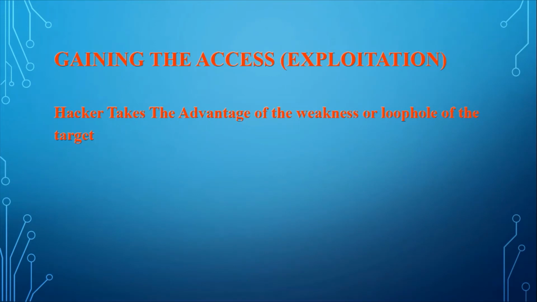The third phase is gaining access, exploitation. This is the phase where the attacker tries to exploit the weakness or loophole of the vulnerable target. By following the above methods, reconnaissance and scanning, the attacker gets the details of the vulnerable systems and directly goes for the weakness of that particular target.